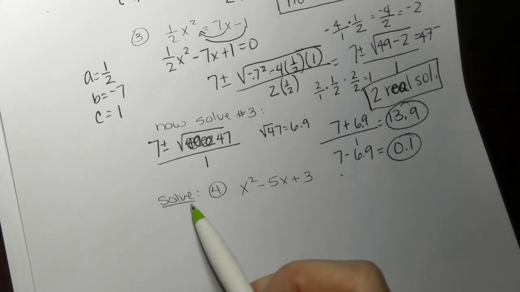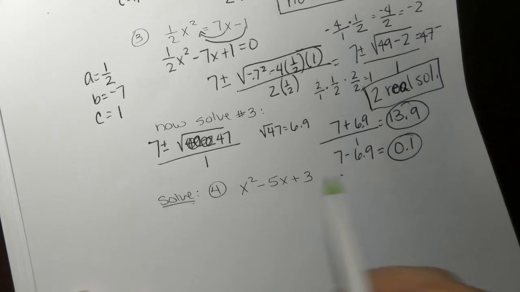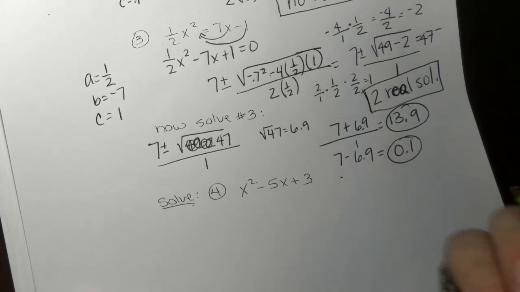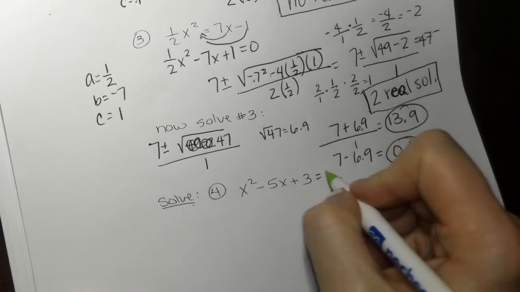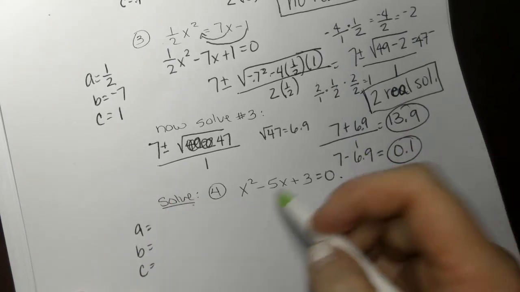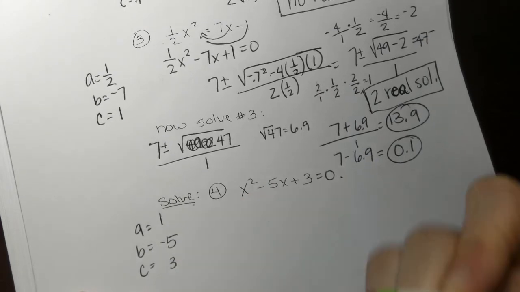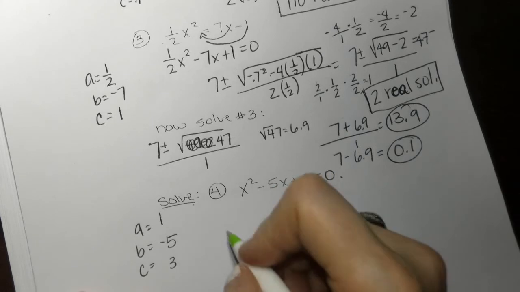Alright, and then finally the last one, we want to solve x squared minus 5x plus 3. And that's equal to 0, so we can go ahead and put that in A, B, and C. Our A is 1, our B is negative 5, and our C is 3. Let's plug those into the formula.